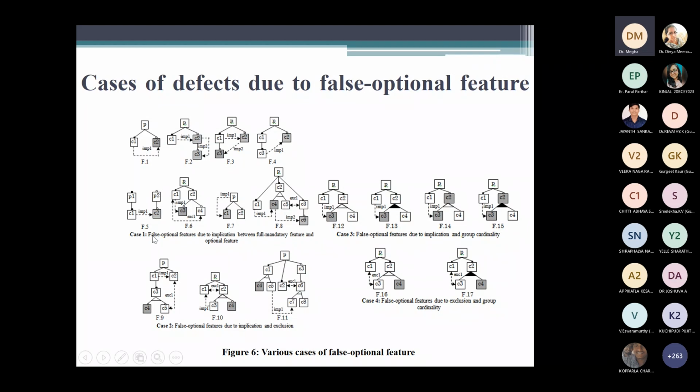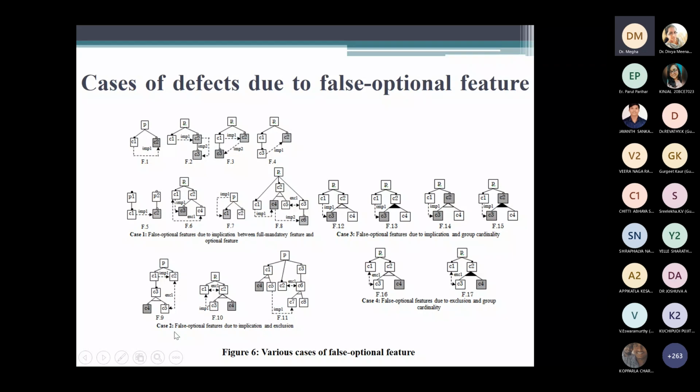Case 1 includes false optional features due to implication between a full mandatory feature and an optional feature. We can relate it with this F.1 case. C1 and C2 are the child features. C1 is the full mandatory feature and C2 is the optional feature. Then we have the implication from the full mandatory feature to the optional feature, which will make C2 a false optional feature.